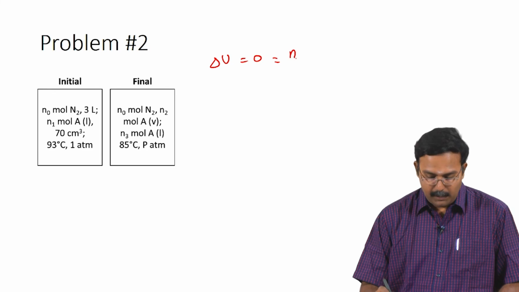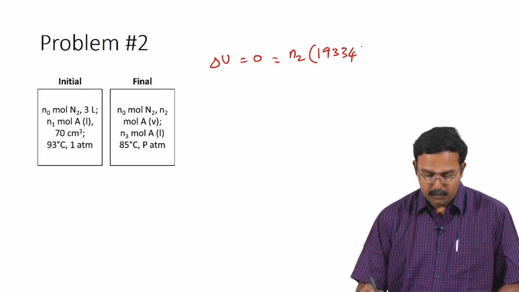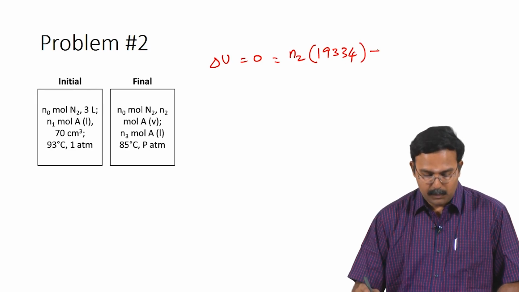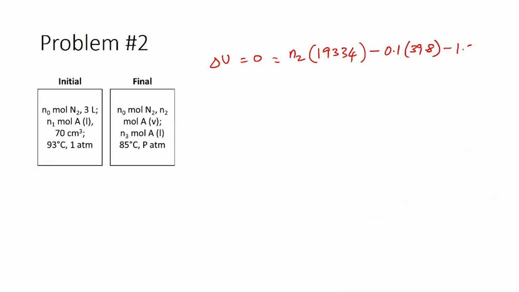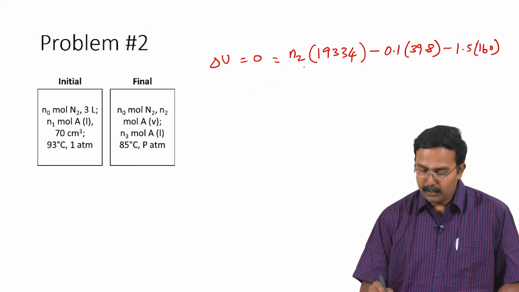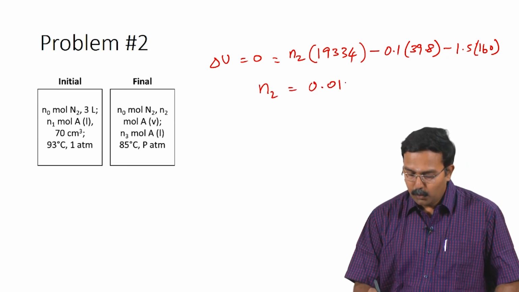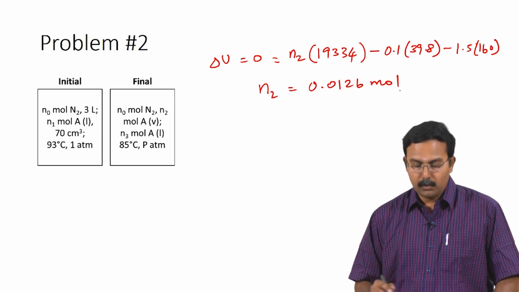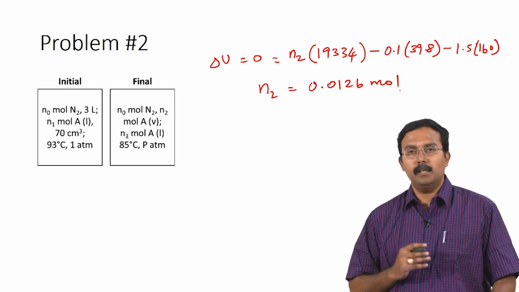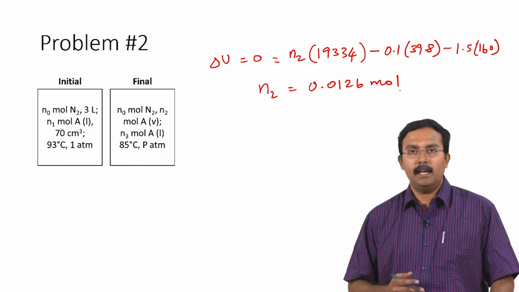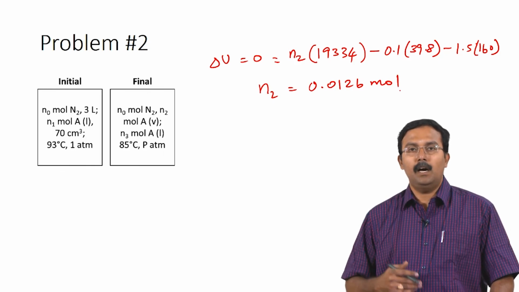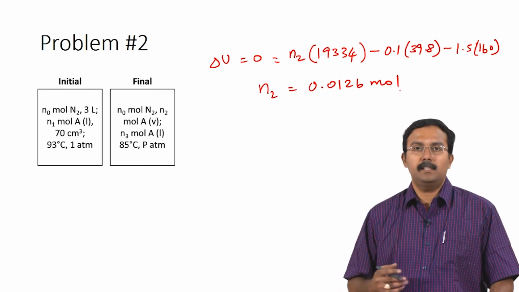So, final would be N2 times 19334 minus initial, which is 0.1 times 39.8 minus 1.5 times 160, and this would give us an equation for N2, and from here we can calculate N2 as 0.0126 moles. So, this means 0.0126 moles of the initial liquid component A has evaporated, and this would be the amount which has entered into the gas phase in the final state.